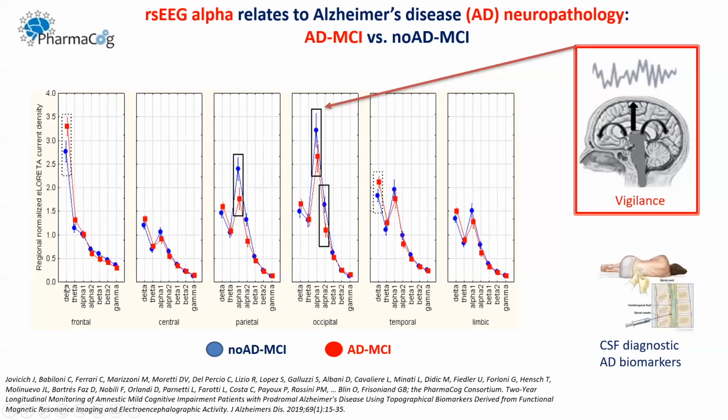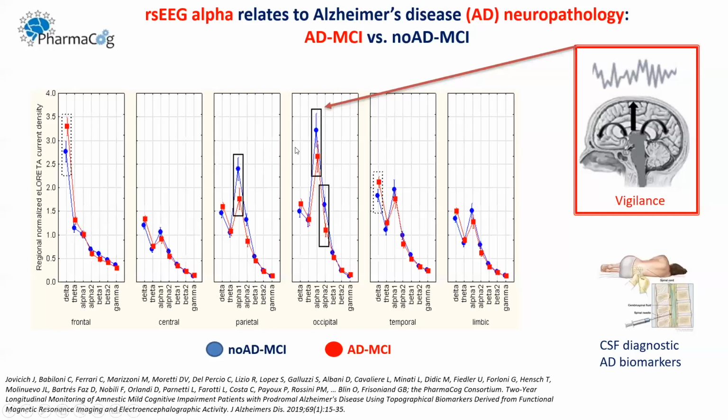In the horizontal axis, you have the frequency bands, delta, theta to gamma, and the rectangles are the cortical source regions of interest. And you see that in blue, we have mild cognitive impairment not due to Alzheimer's disease, and they have the maximum cortical source activity in the alpha range and the posterior areas, parietal and occipital.